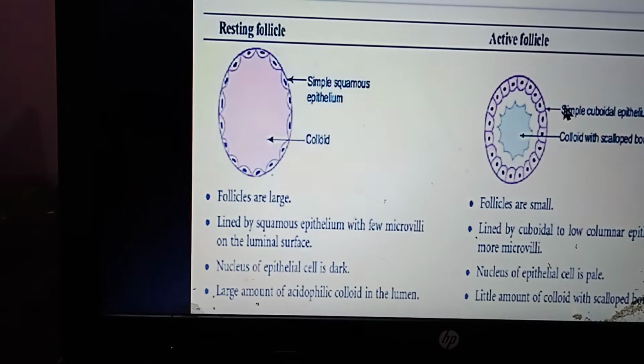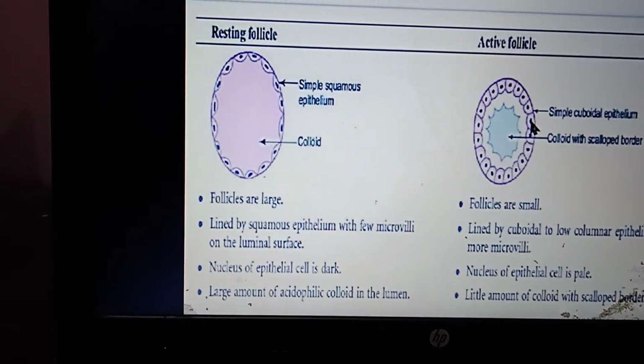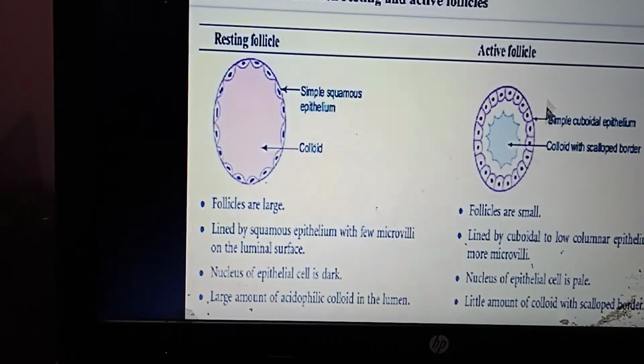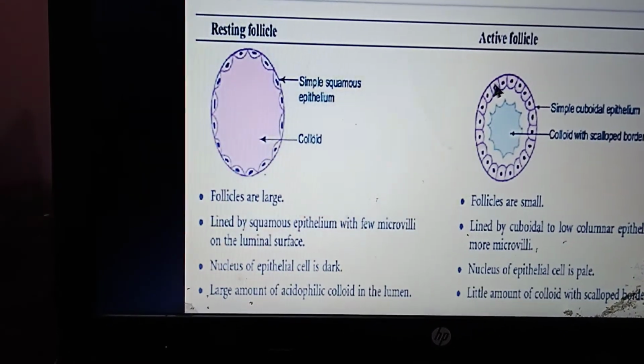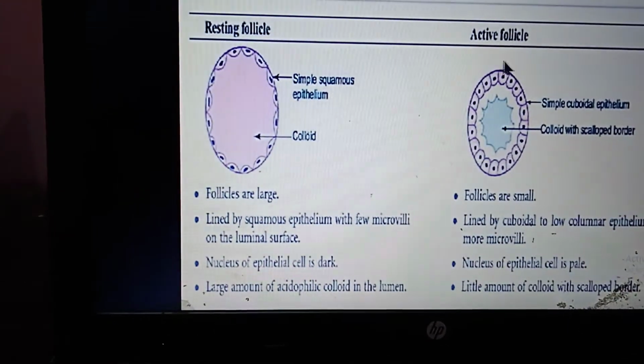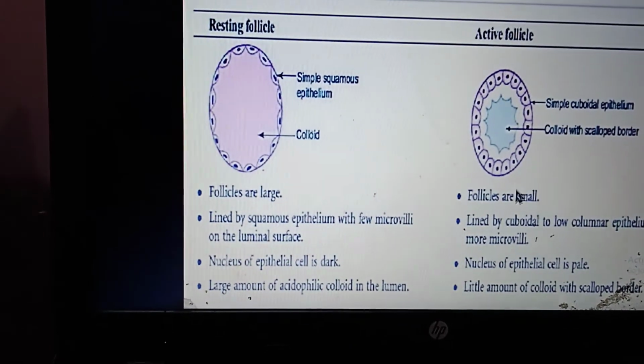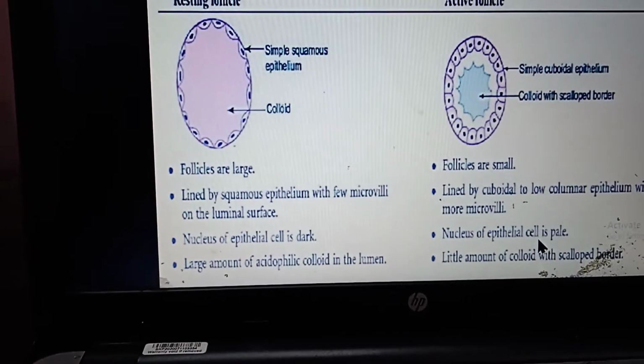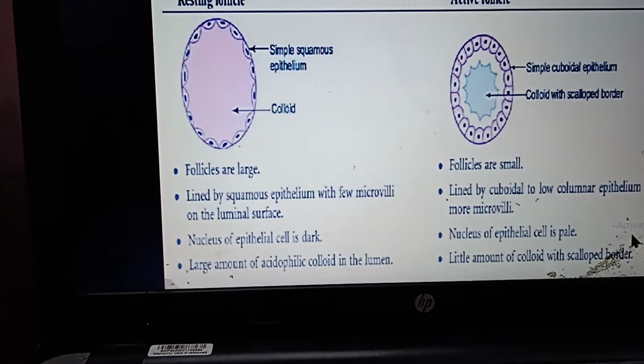Whereas in the active follicle, all events are going on within these cells. So they are tired, their face is pale, so the nucleus is pale.